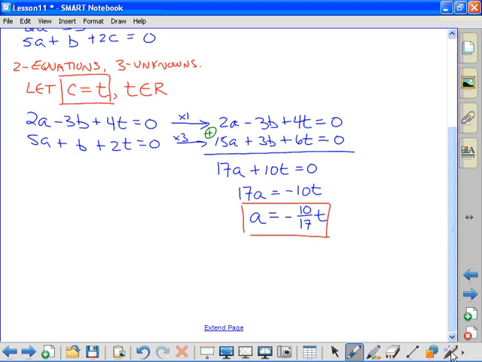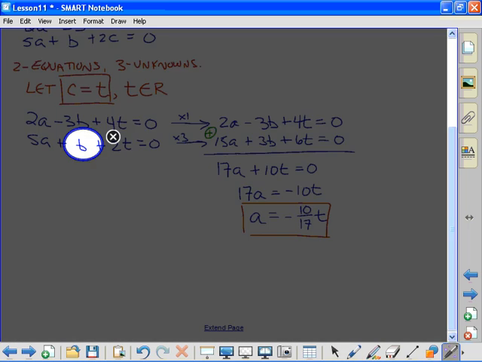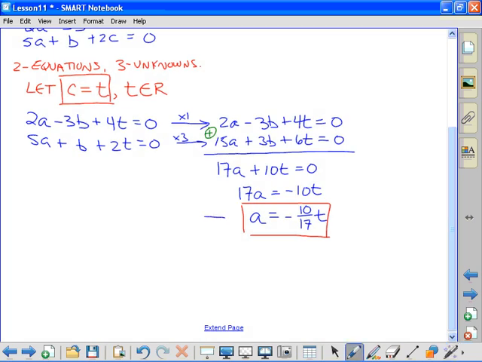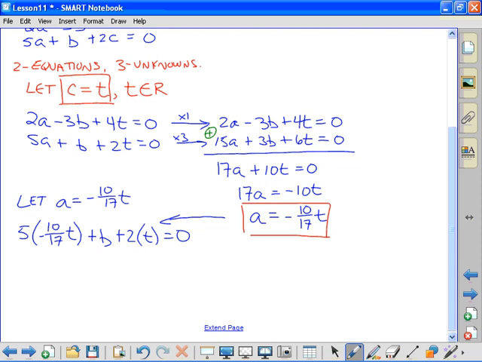So we now have an a value, and we also have a c value. All that's left is to do a substitution and solve for our b value. I do recommend using the second equation, because the b is already isolated for us. So we're going to let a equal negative 10/17 t. So 5 times negative 10 over 17 t plus b plus 2t equals 0.